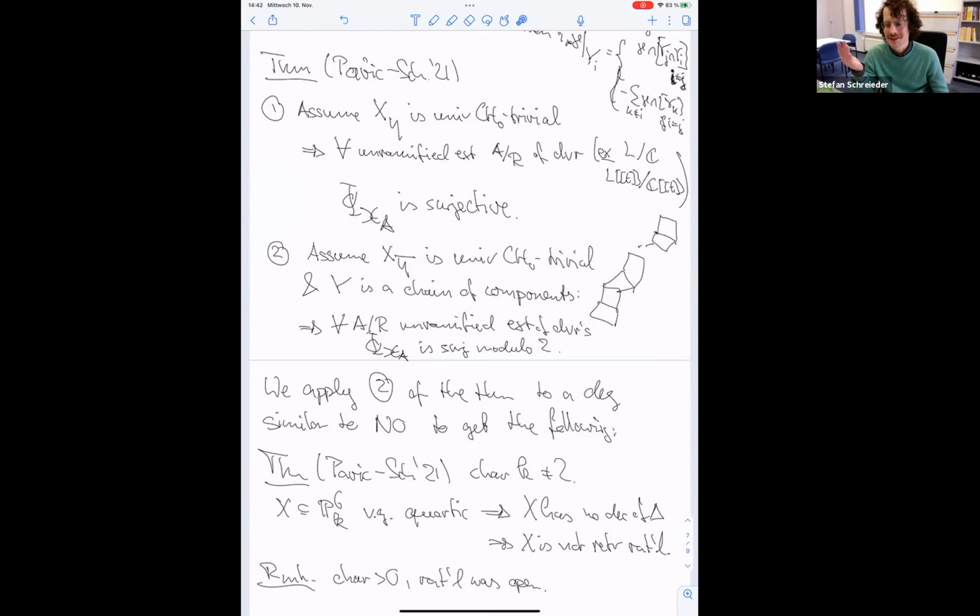My feeling would be that this motivic obstruction could in fact be sensitive to stable rationality. It could be the right tool to detect something that is stably rational, but not retract rational. But what I don't know is how to construct an interesting variety that is retract rational.